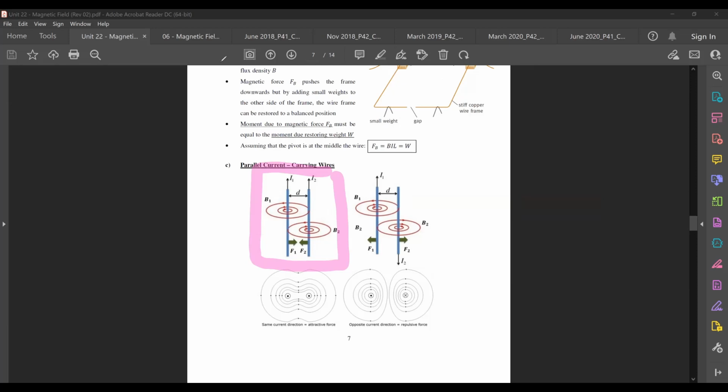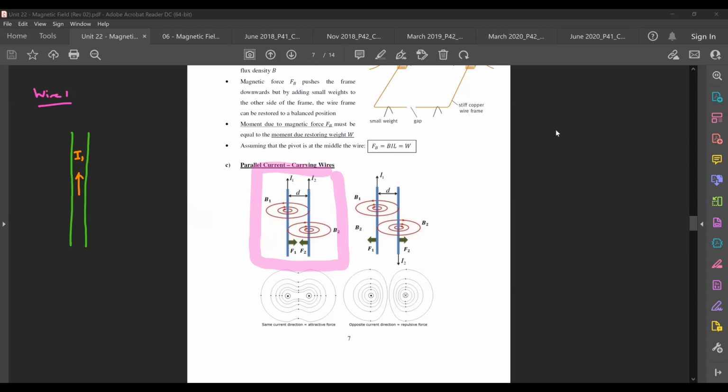Let's just say I look at wire 1 only. If I want to draw the pattern of the magnetic field around that wire, this one is current going up. Now, do you remember that in the last lesson we mentioned that if you're just looking at a single wire, the wire itself produces its own magnetic field.